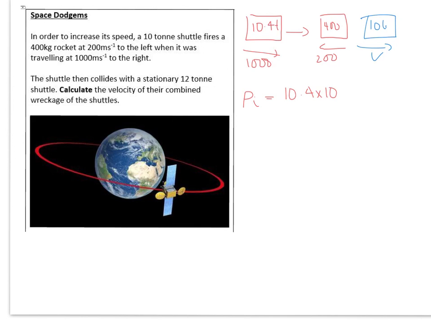So we've got our mass in kilograms times the velocity again in meters per second. So it's going to be 1.04 times 10 to the 7. That's essentially the initial momentum. Final momentum is going to be minus 400 times 200 plus 1 times 10 to the 4 V. That's your 10 tons.